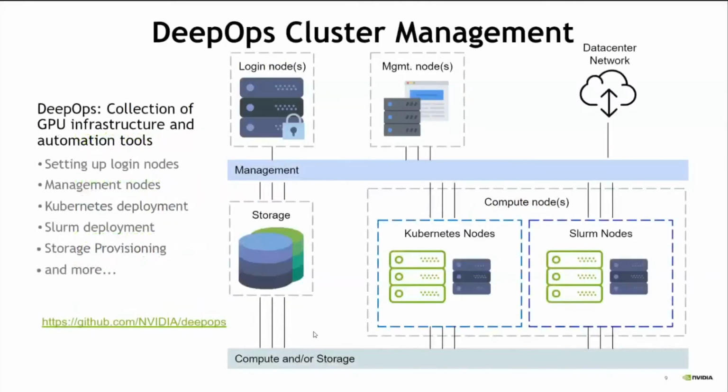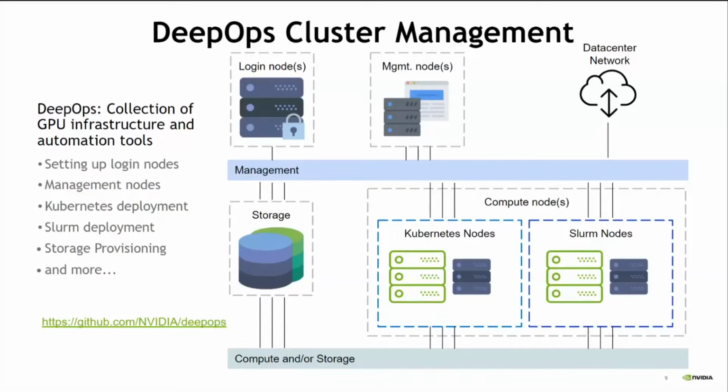So let's go into detail a bit about what DeepOps has. DeepOps is basically a collection of automation tools and scripts, and it lets you set up login nodes, management, monitoring. The full scope of DeepOps also covers Kubernetes setup, Slurm setup, and storage provisioning.